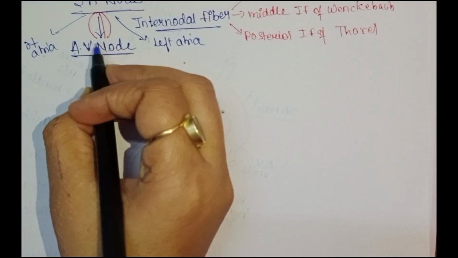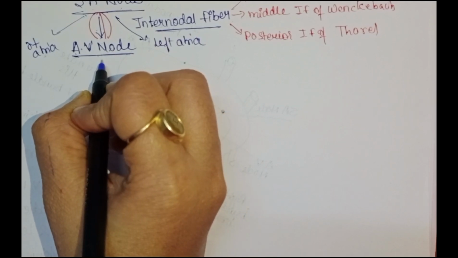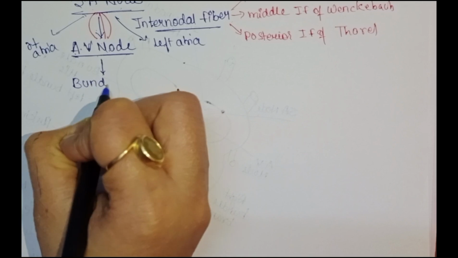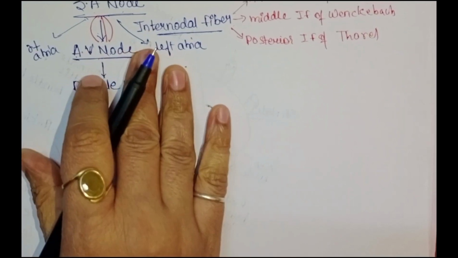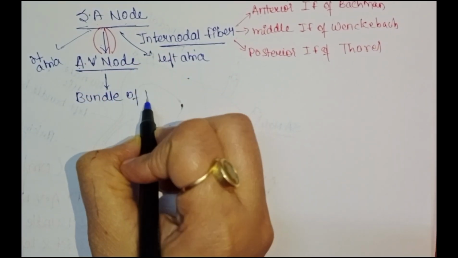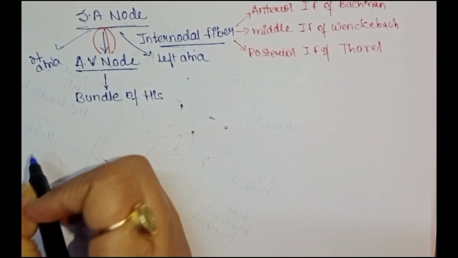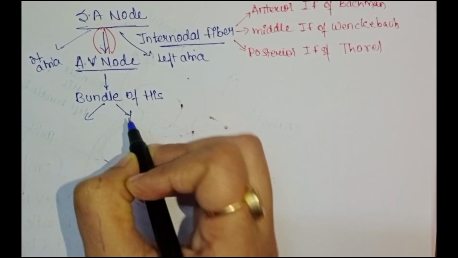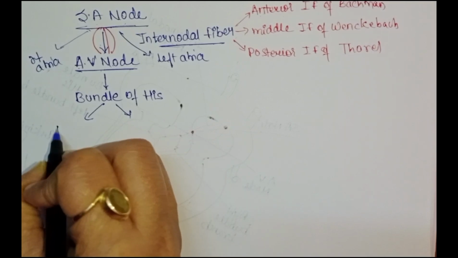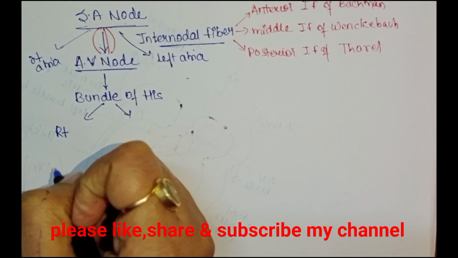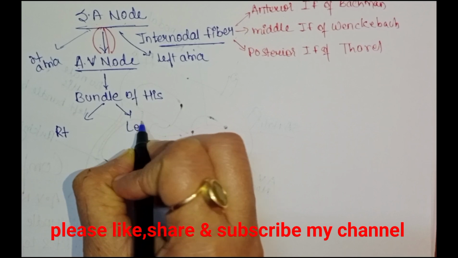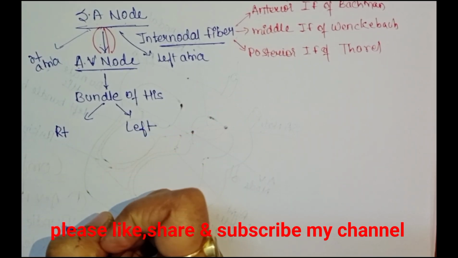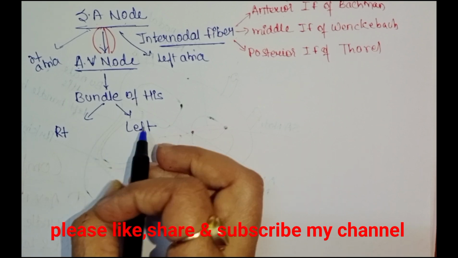From AV node, the bundle of His arises. It divides into right branch and left branch, which run on either side of the interventricular septum.